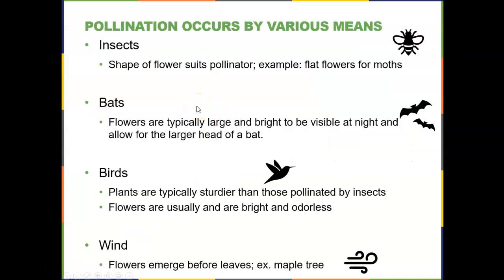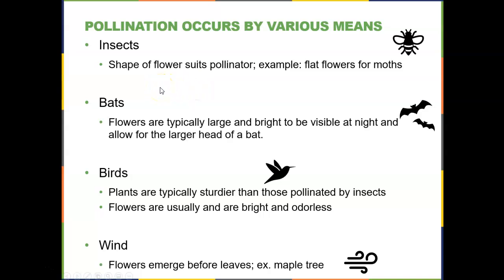Now, how again does the pollen get to the top of the stigma? Remember, there were 4 basic ways for pollinators. Insects, like bees or butterflies, and the shape of the flower will suit the pollinator. So, for example, flat flowers are better pollinated by moths.